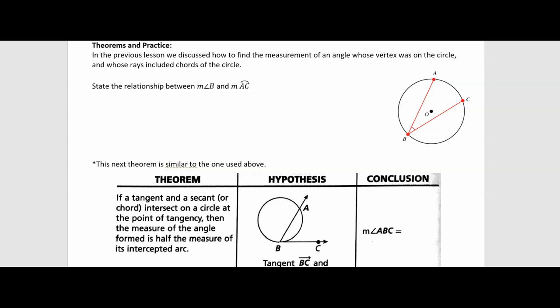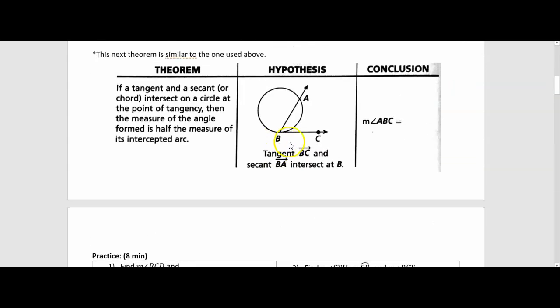So let's jump down to the theorem, which talks about angles formed by a tangent and a secant. So if a tangent and a secant, or a chord, if the secant does not extend right past the circle, if it's just a segment, if they intersect on a circle at the point of tangency, then the measure of the angle formed is half the measure of the intercepted arc.